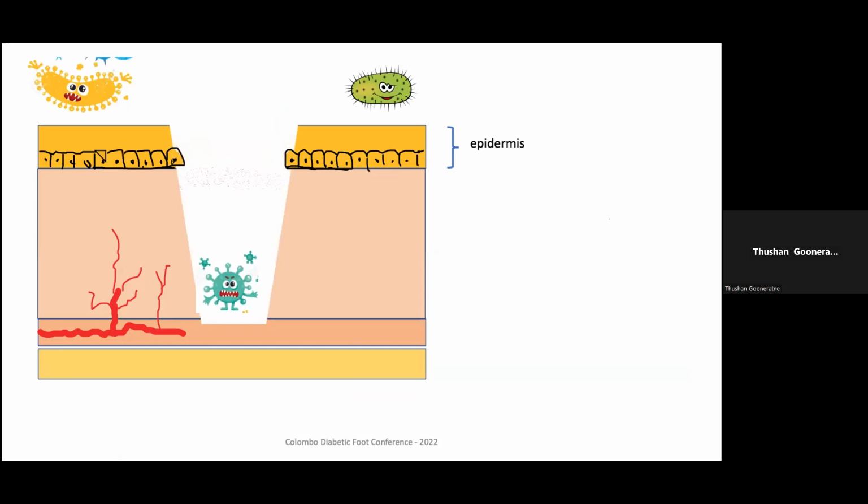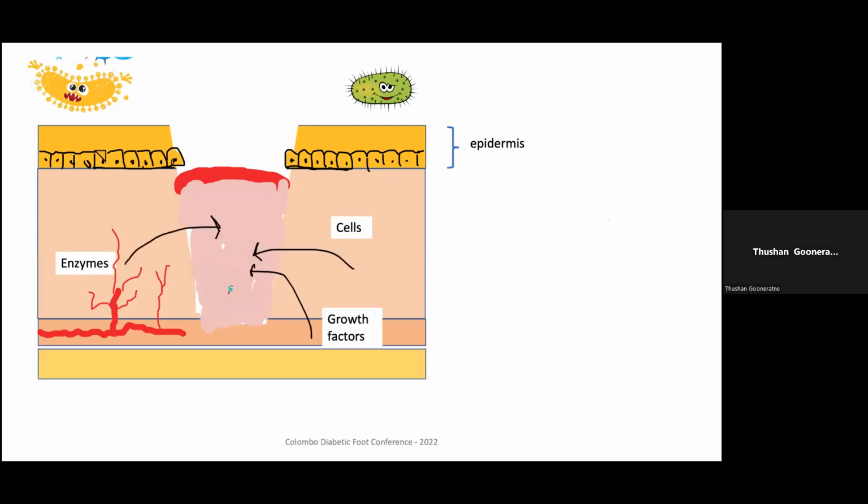The first thing that happens when there's a wound is there's going to be bleeding, and therefore a blood clot forms. Subsequently, the body responds. There are various fighting parts of the body called cells, and they start getting into this business, and a lot of material comes into that space.